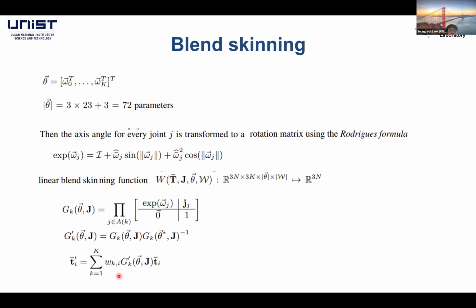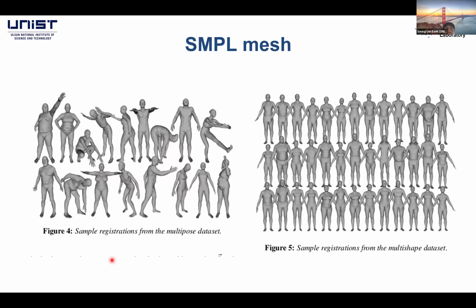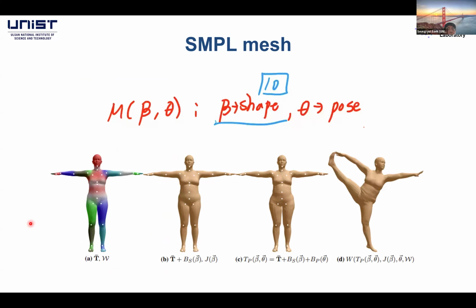Okay. And this W K comma i, that W means this. This color coding is actually showing this W, the blend weight. We call that the blend weight.